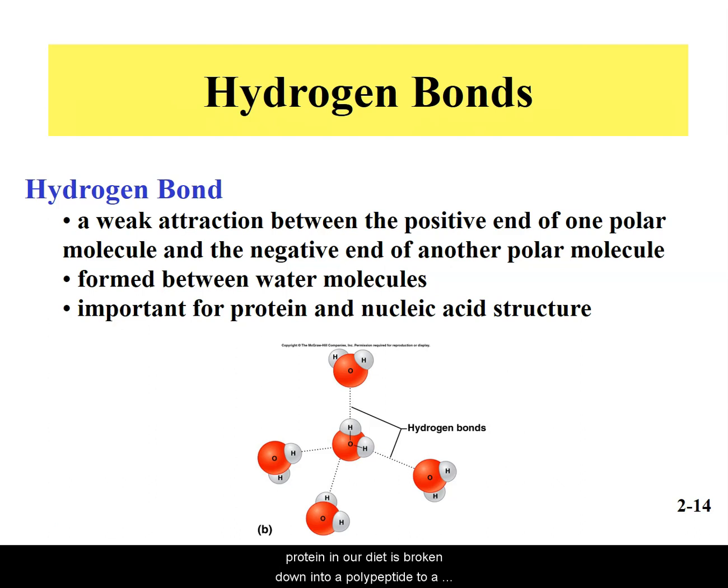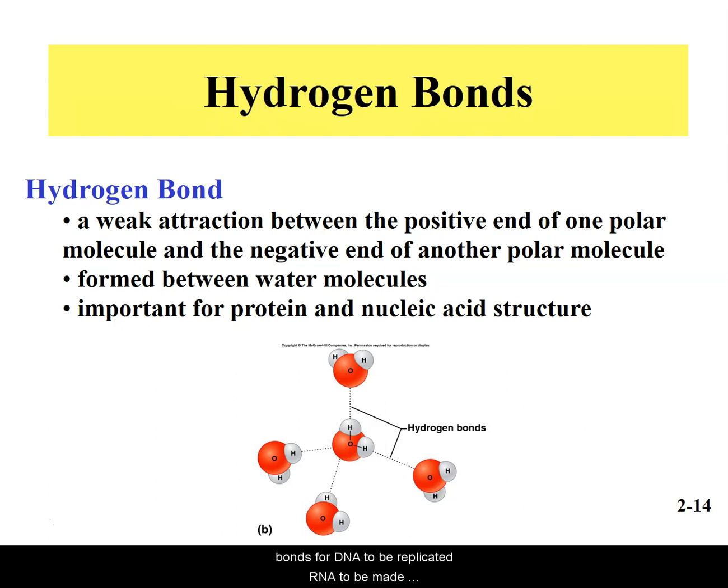As we eat protein in our diet, it's broken down into a polypeptide, to a dipeptide, to a single amino acid, so that we can use those amino acids to build the other proteins that we need in our body. And that happens, the breaking down of that protein, or breaking down more complex carbohydrates, is basically a matter of a lot of times breaking hydrogen bonds.